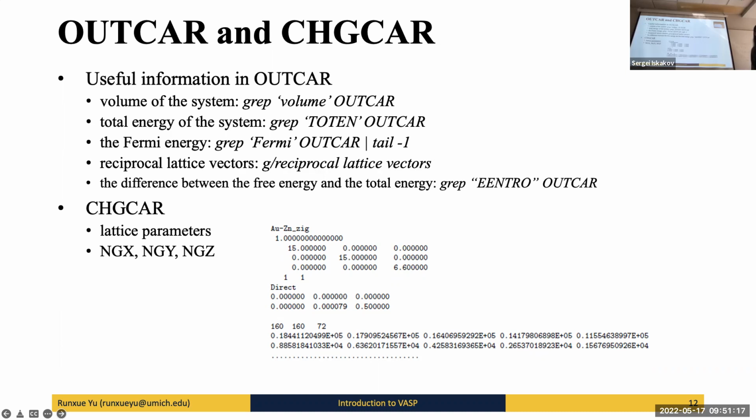That's where the difference between the free energy and total energy comes from. So if I have an insulator, I would expect 0 there. Well, even with an insulator, if you still use the Fermi-Dirac smearing, you still have the difference. If you don't use that smearing, this will be exactly the same.